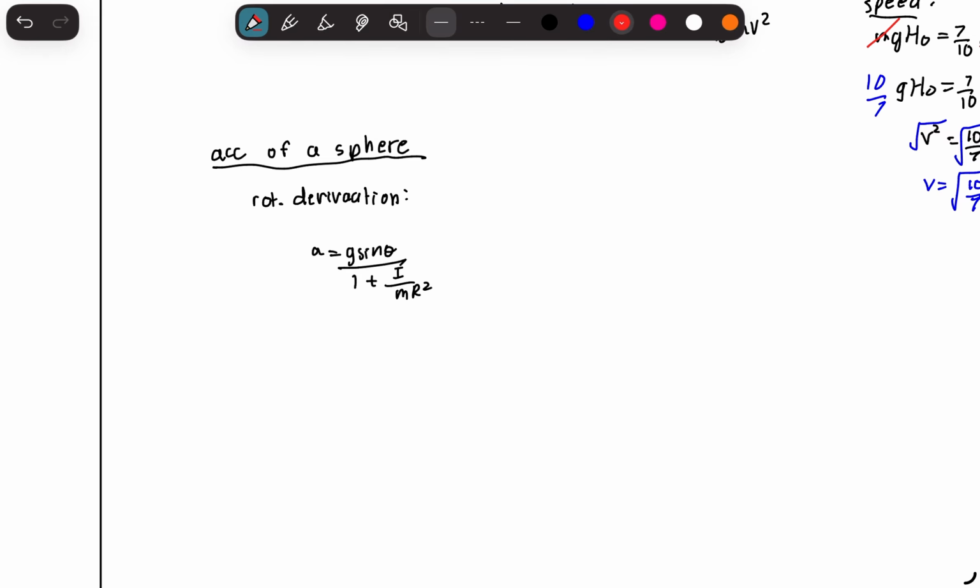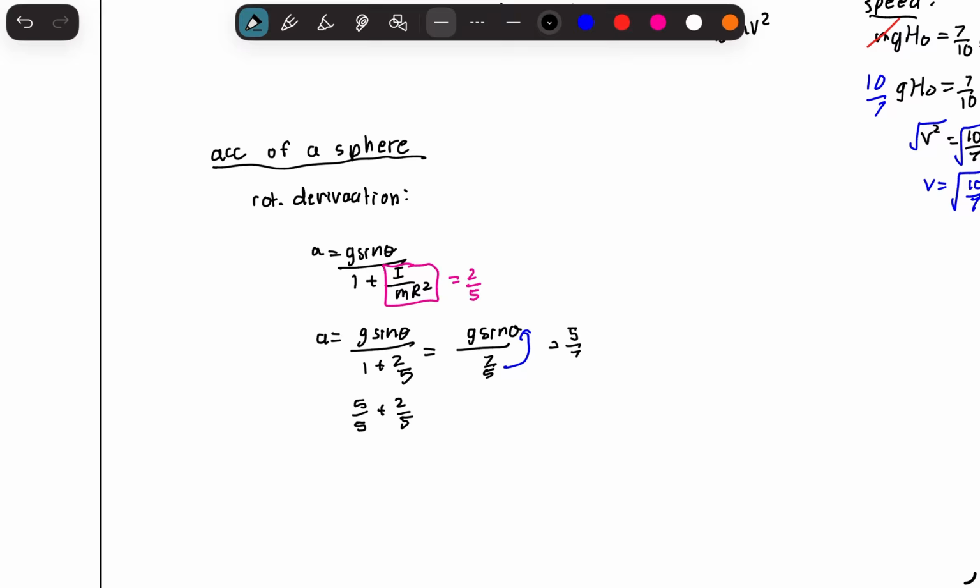Here we know that this is equal to 2 over 5. So we know that a is equal to g sine theta over 1 plus 2 over 5. You can also write 1 plus 2 over 5 as 5 over 5 plus 2 over 5 by using some fraction math. You have g sine theta over 7 over 5. When you have a fraction in your denominator, you can actually flip the numerator and denominator. So that's going to be 5 over 7 g sine of theta.